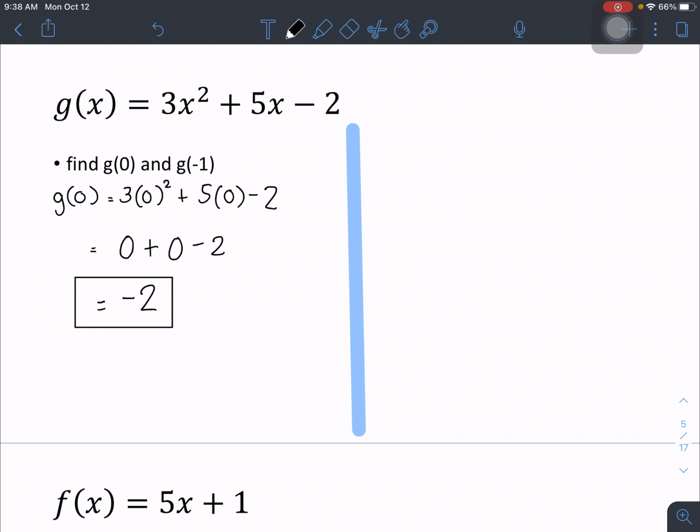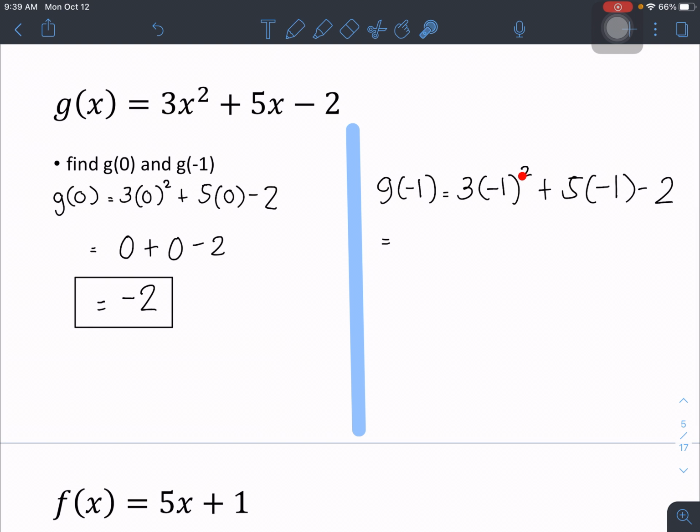Now, next one. What if the value of x is negative 1? g of negative 1 is equal to 3, replace all the x's by negative 1, squared, plus 5 multiplied by negative 1, minus 2. So let's try to solve.